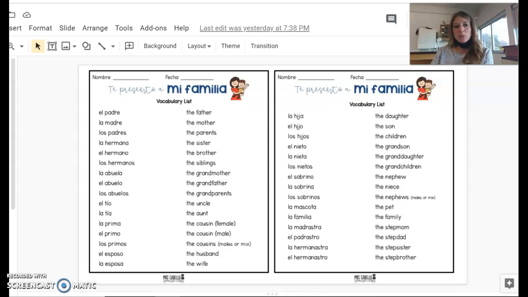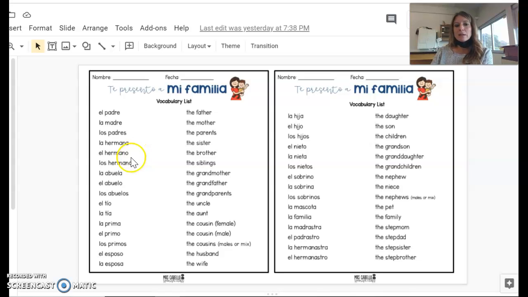So also keep in mind that if you are combining a group and talking about them, you're going to use the masculine plural. For example, if I have my sister and she's la hermana, and then I have my brother and he's el hermano, if I want to talk about them together as my siblings, I'll take the masculine one and make it plural.